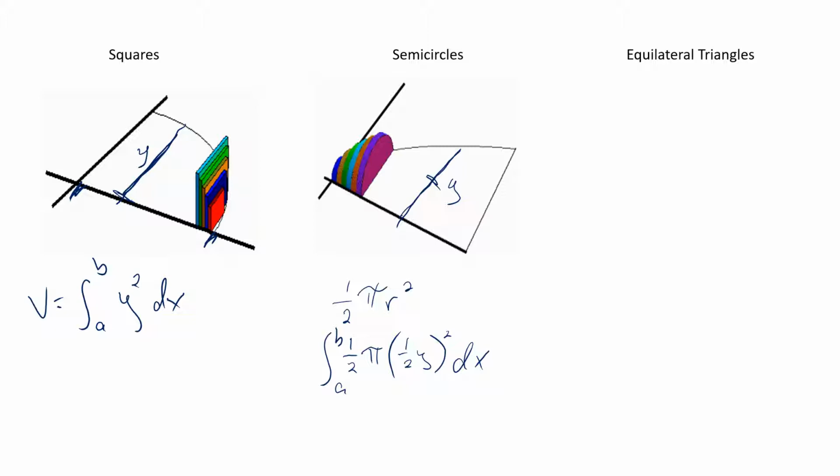That means that it's going to be like a square, except it'll be 1/2 of that. The height could be twice the base, in which case we would just have to multiply by 2. But whatever it is we're doing, we're probably going to have a y times a y, or the top minus the bottom times the top minus the bottom, somewhere in there. There just might be other things.